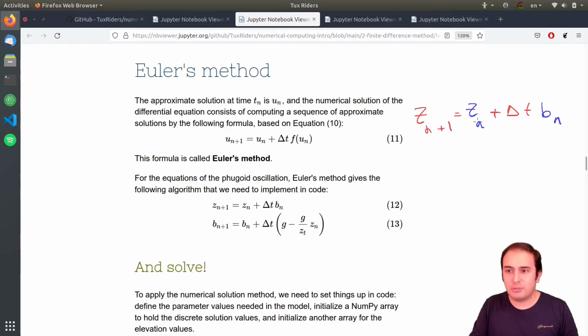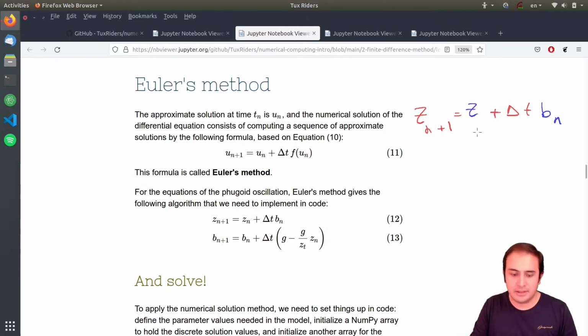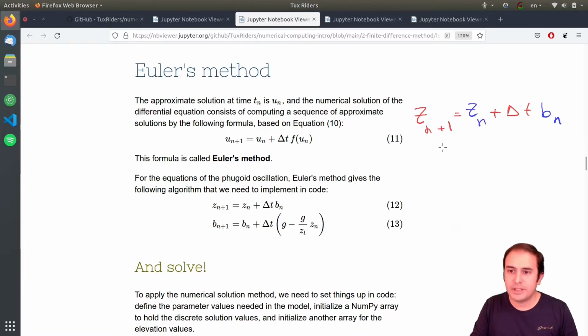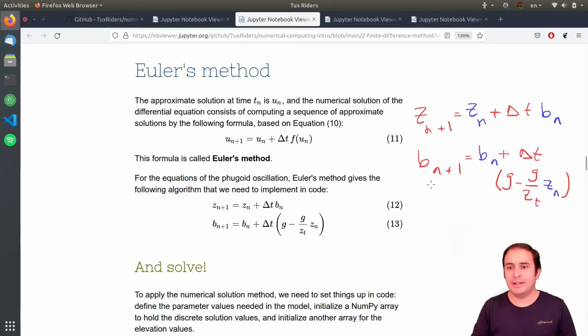I just write them down in another color to say that these are quite important. Let me correct this, sorry. So this is n. And then the value of b in the next time step equals the value of b in the previous time step plus delta t multiplied by something. It doesn't matter. This comes from the formulation z t multiply. But this is actually the value of z in the previous time step. So this is what it's all about.